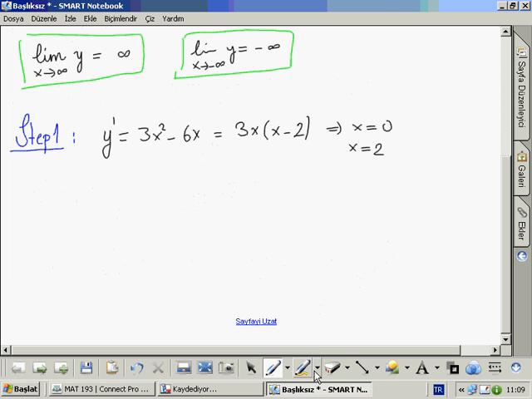On the x-axis, what can we say? This is minus infinity, this is 0, this part is +2, and this is plus infinity. If x is less than 0, this part will be plus.